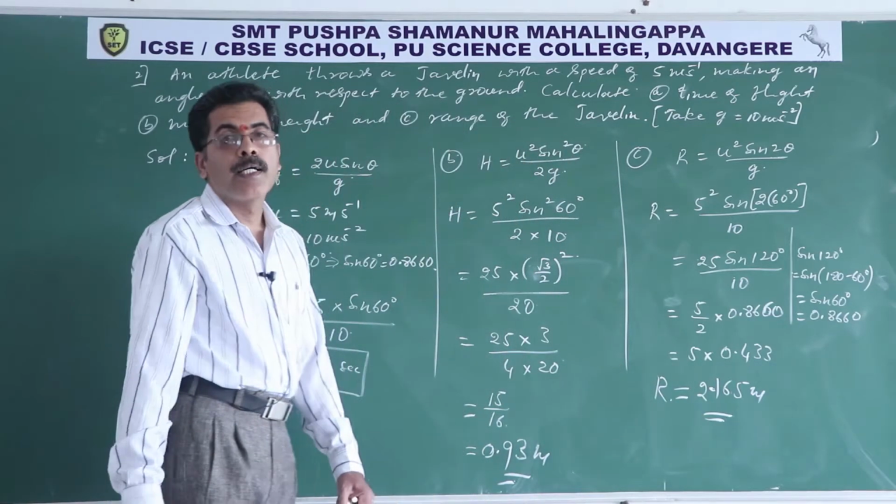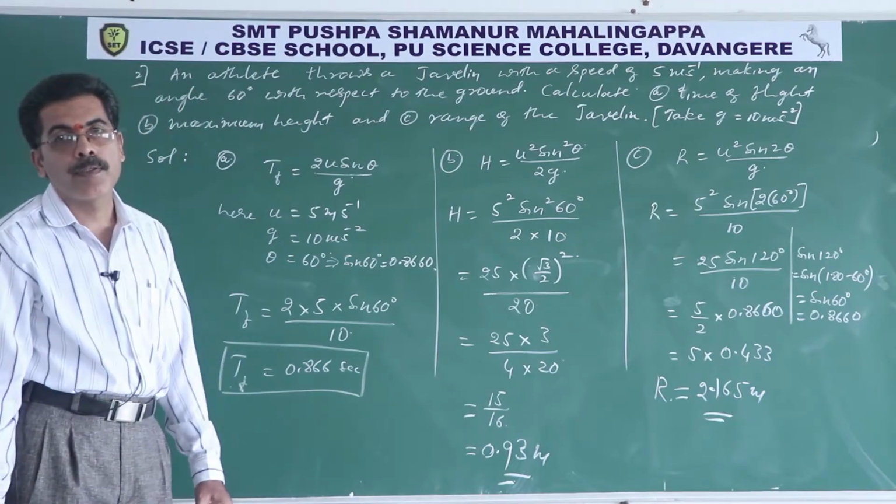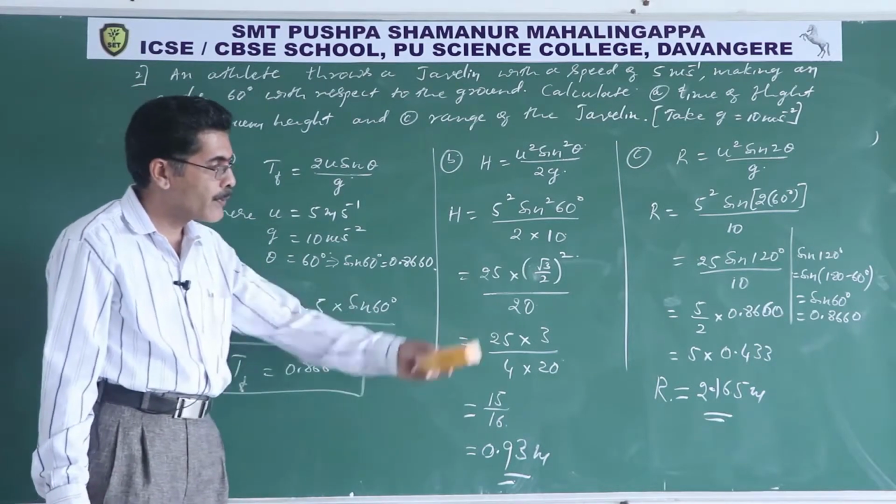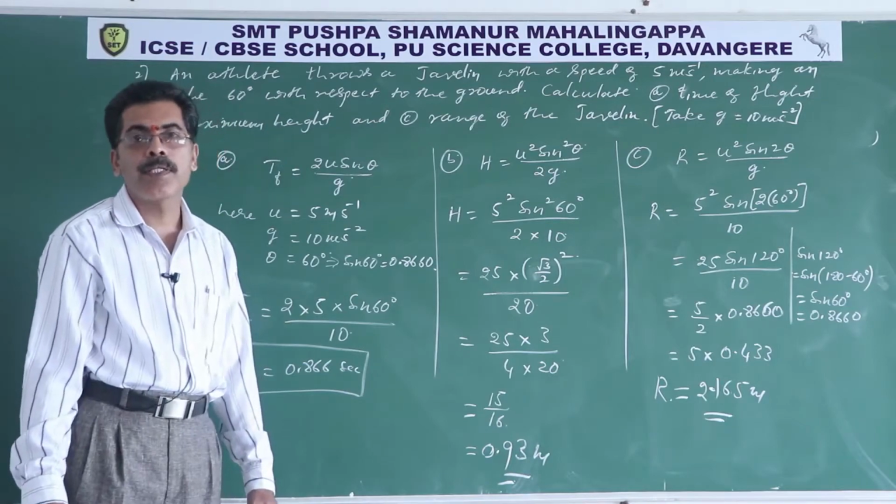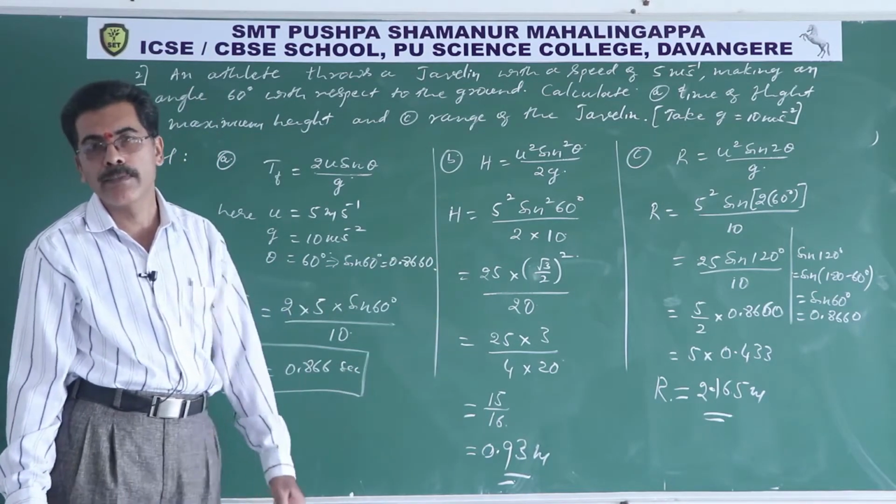This is the horizontal range of the javelin. It covers a distance of 2.165 meter by the time it hits the ground.